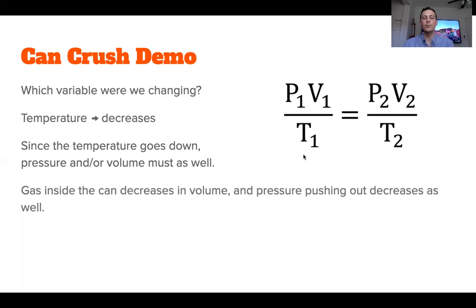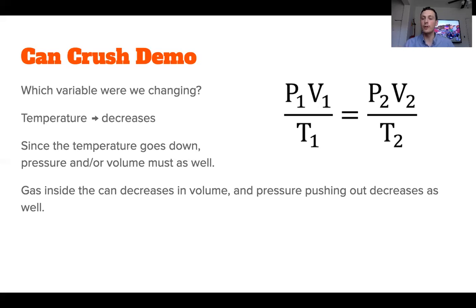And so what's happening is the gas that's inside the can starts off really hot and the temperature goes down really quickly. So the pressure inside the can and the volume of the gas inside the can shrink. It gets really small. So there's very little pressure pushing on the inside of the can from the gas inside.